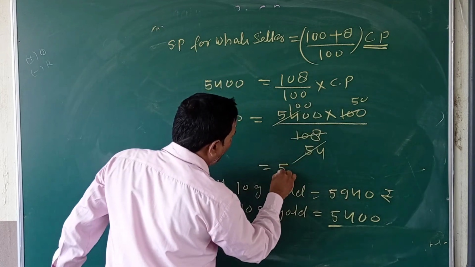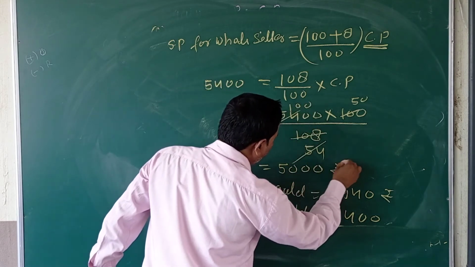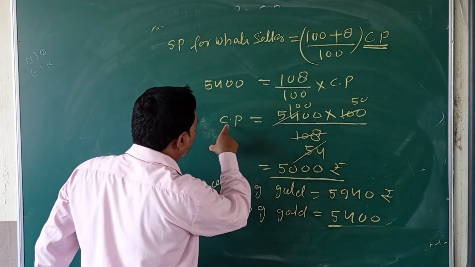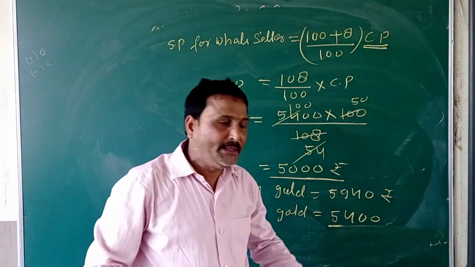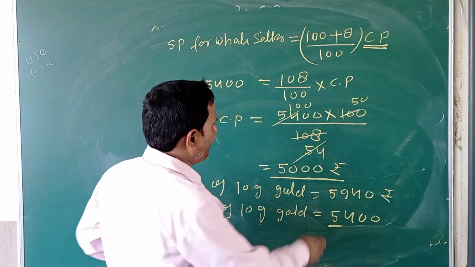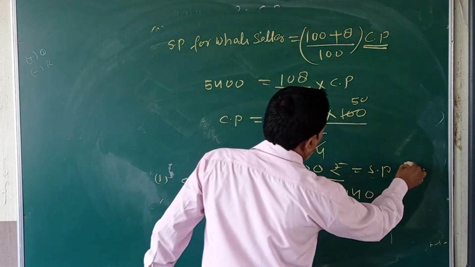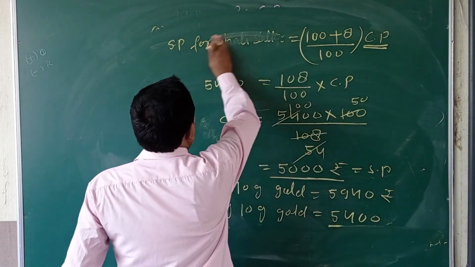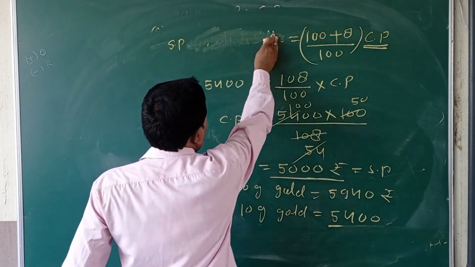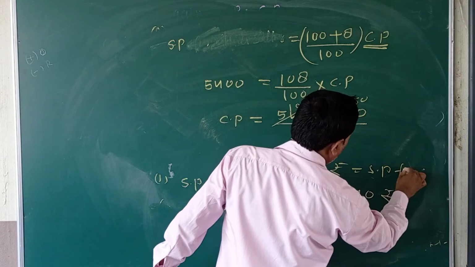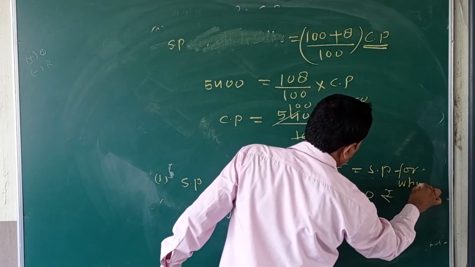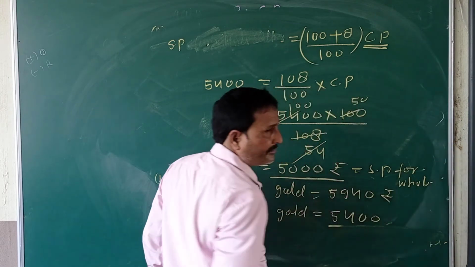This 5000 rupees is coming. This 5000 rupees CP is equal to SP for wholesaler. Only you write in SP. SP for wholesaler. Okay.